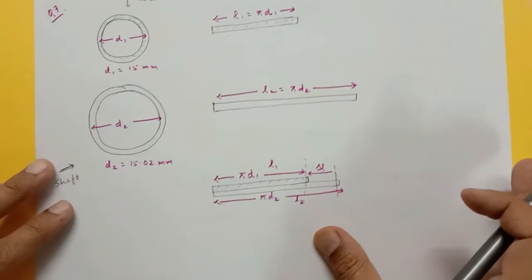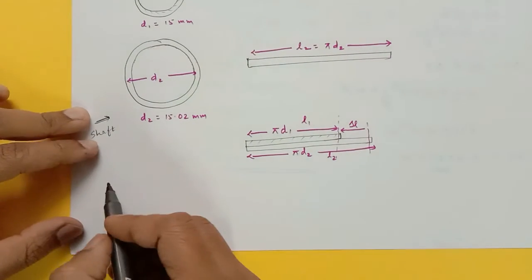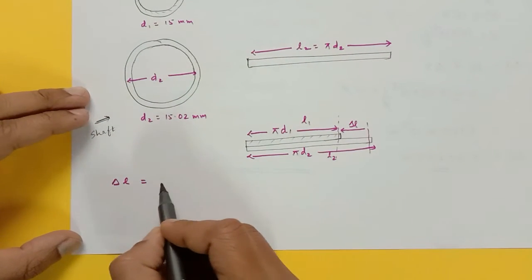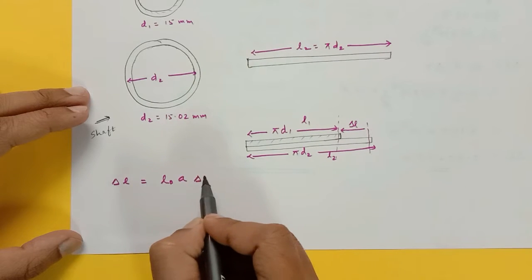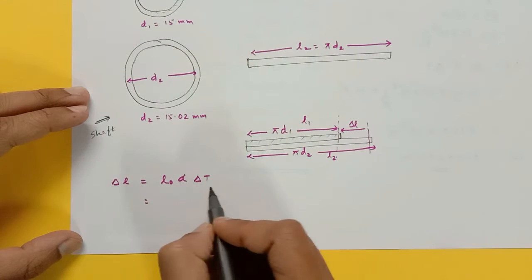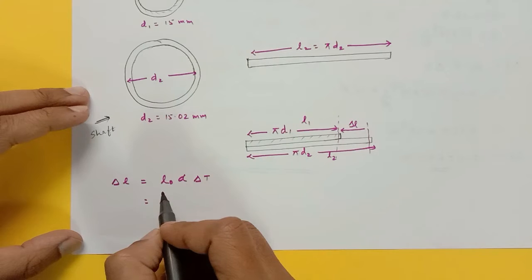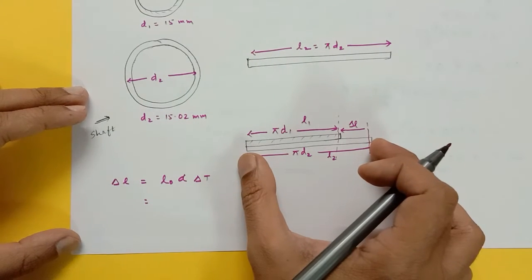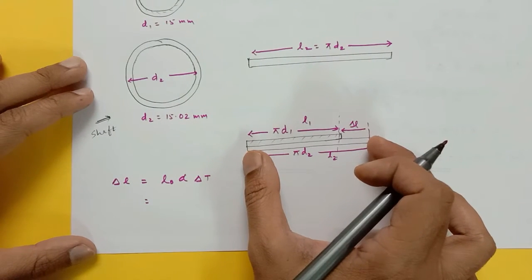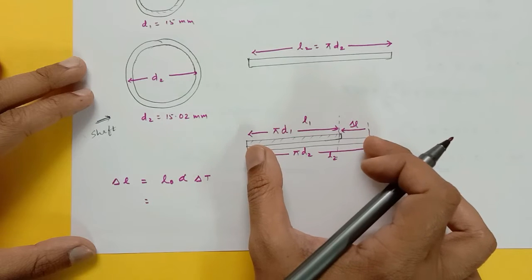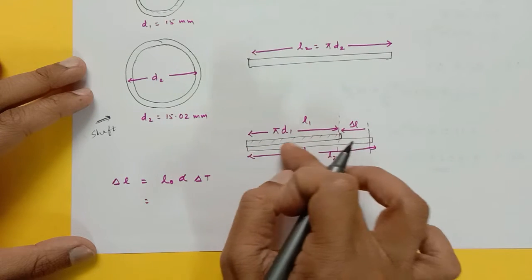Correct. So if I apply the formula, delta L is equal to L0 alpha delta T. I don't know what delta T is, but I do know what L0 is. L0 is the length which you are initially operating with. So if you are heating or cooling any length, that will become L0. So I am cooling this bottom length.